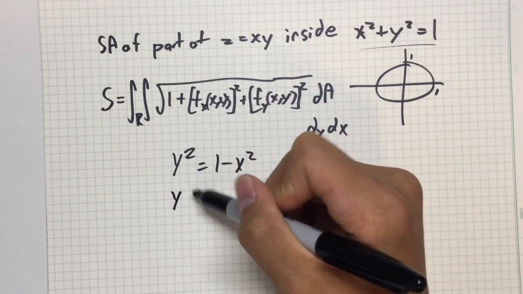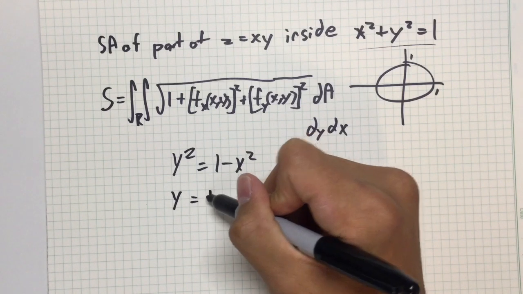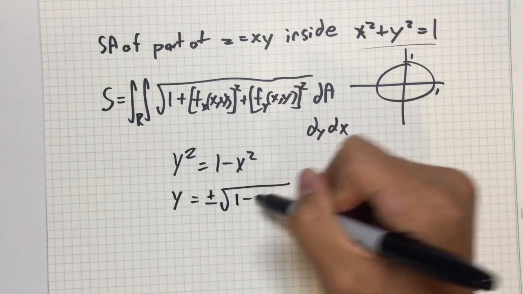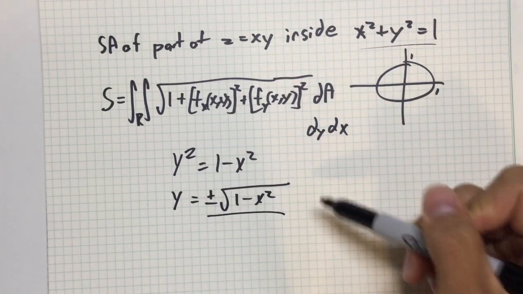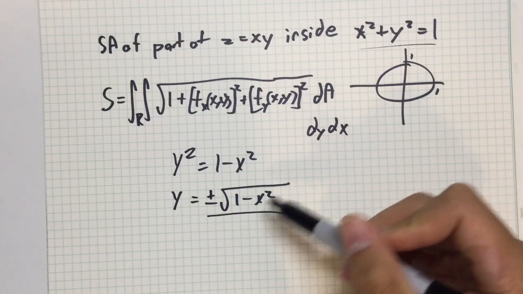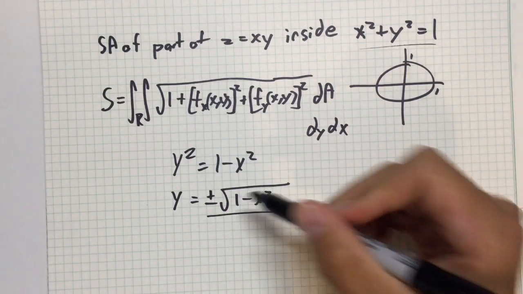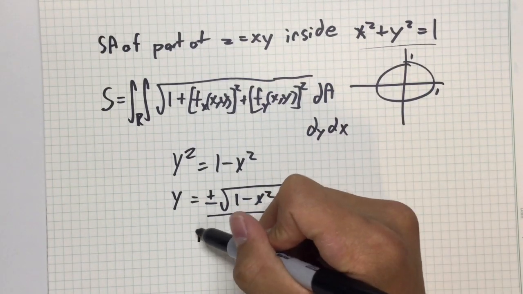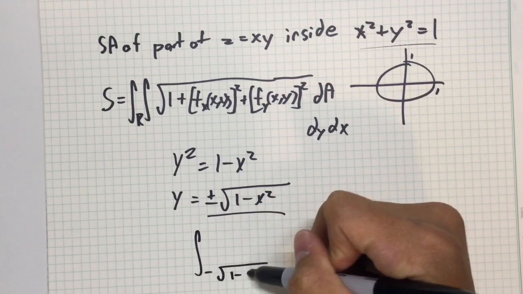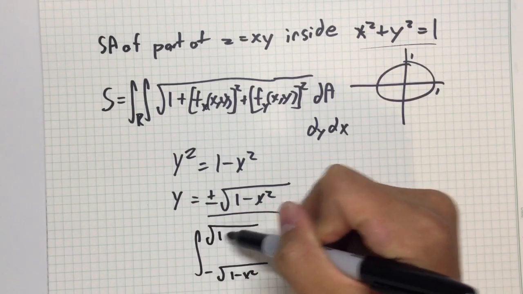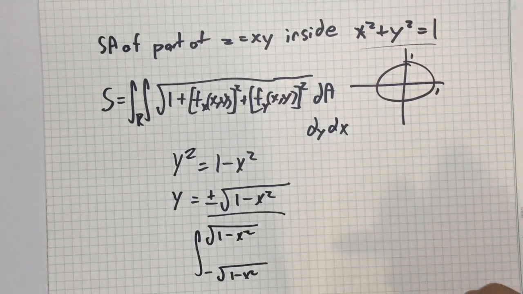If we take the square root on both sides, we get plus or minus the square root of 1 minus x squared. These are the bounds for y. So it's just going to be negative square root of 1 minus x squared to square root of 1 minus x squared. So that's the bound for y.